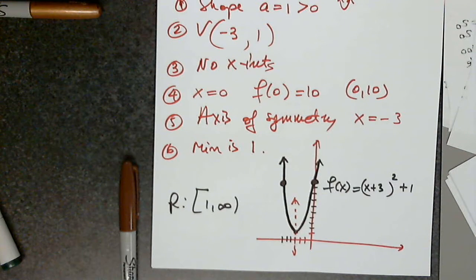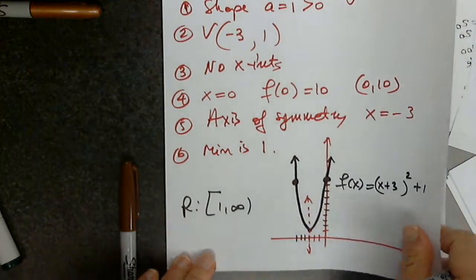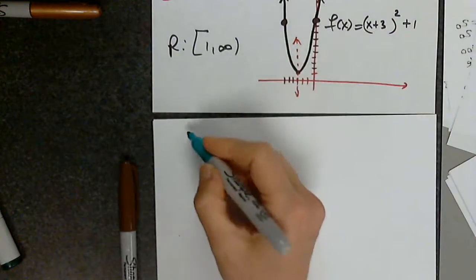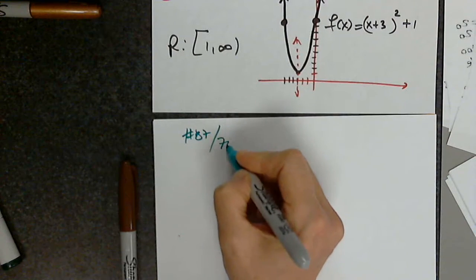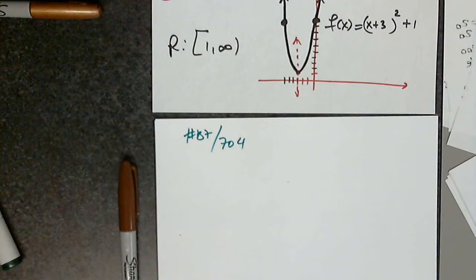So let's choose, on page 704, number 87. The projected number of Wi-Fi enabled cell phones in the United States can be modeled by a quadratic function.